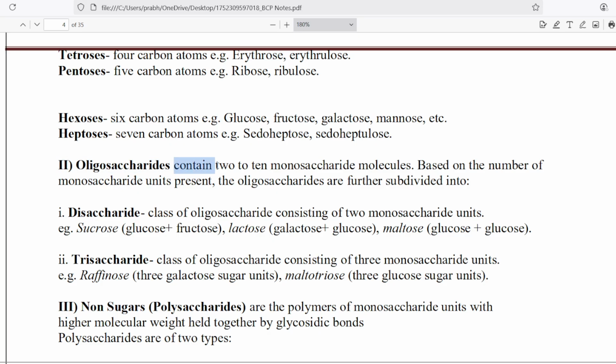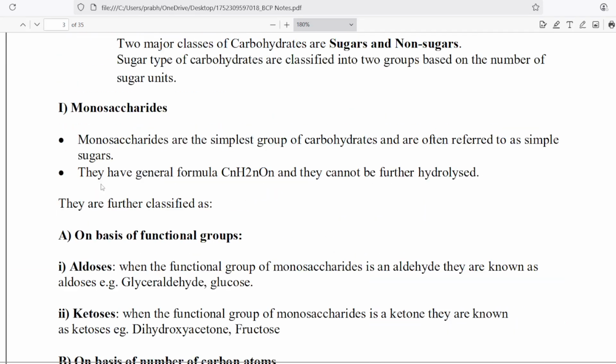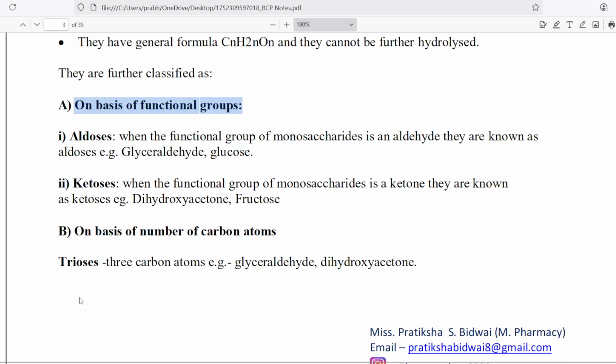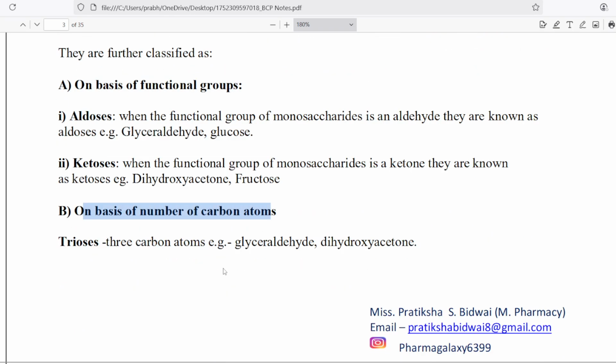After monosaccharide, the next class is oligosaccharide. Oligosaccharides contain 2 to 10 monosaccharide molecules. Based on the number of monosaccharide units present, the oligosaccharides are further subdivided into disaccharide and trisaccharide. So first class is monosaccharide, further classified on the basis of functional group and number of carbon atoms.